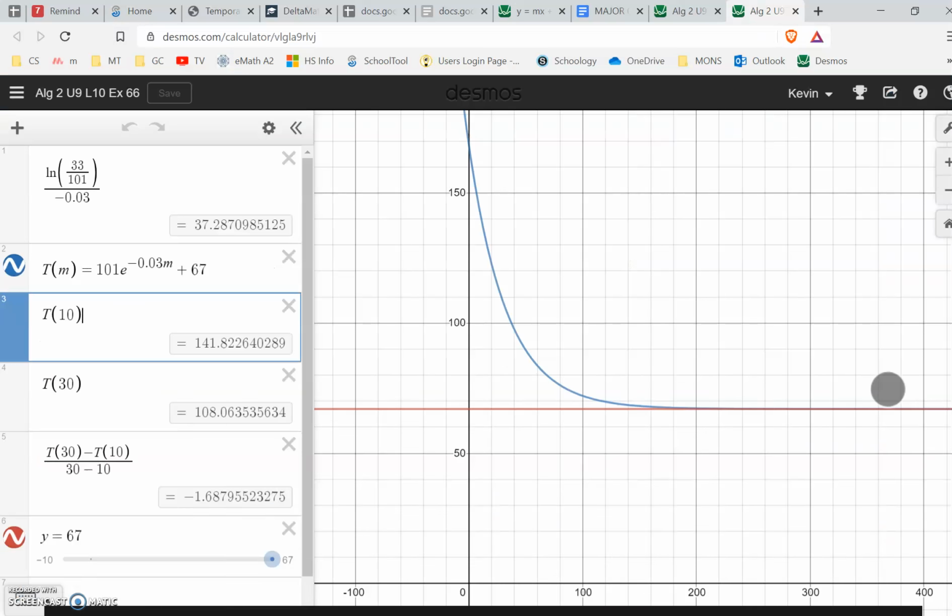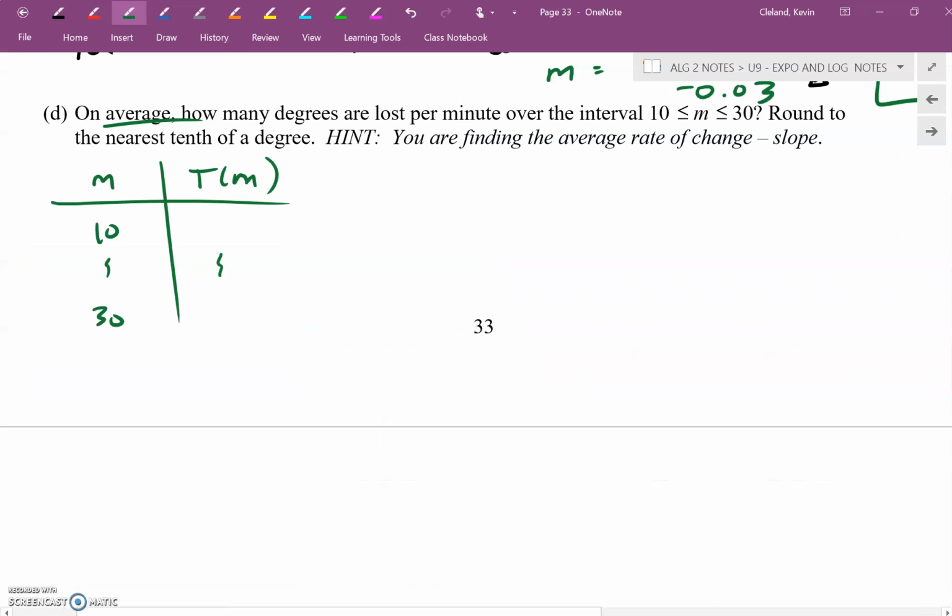I already calculated these for you here, lines 3 and 4. If you define a function in Desmos, you can then just evaluate it. And there's my final calculation there in the event that we run out of time. When we plug in 10 to our equation, we get 141.8. When we plug in 30, we get 108.1.